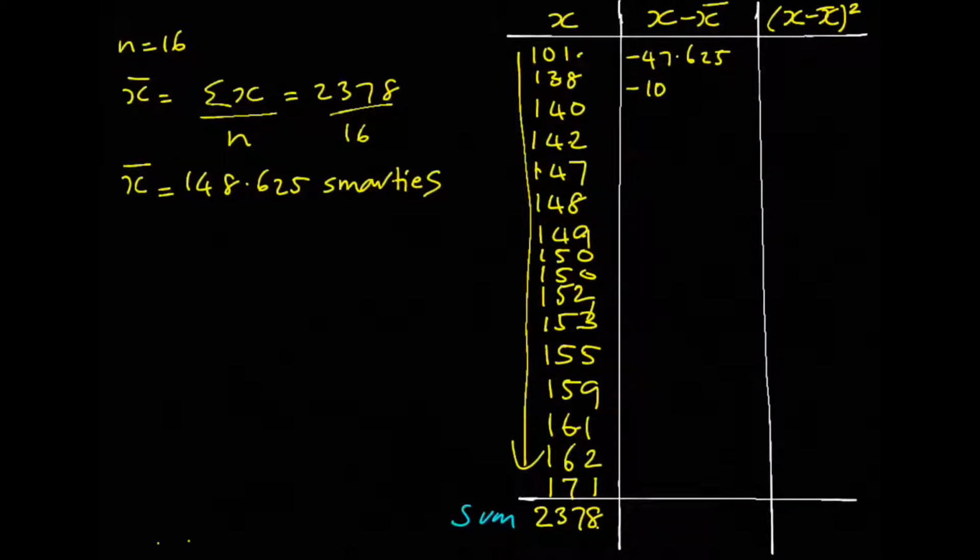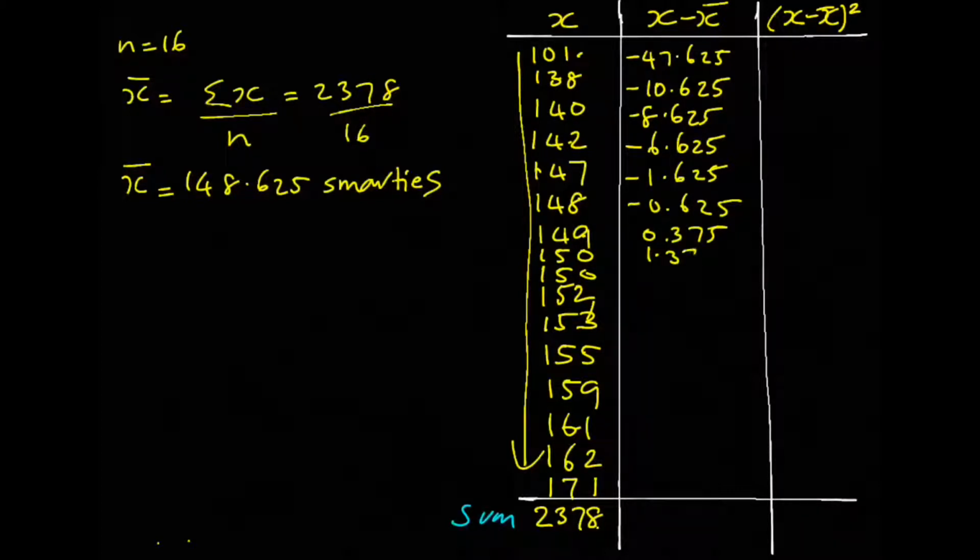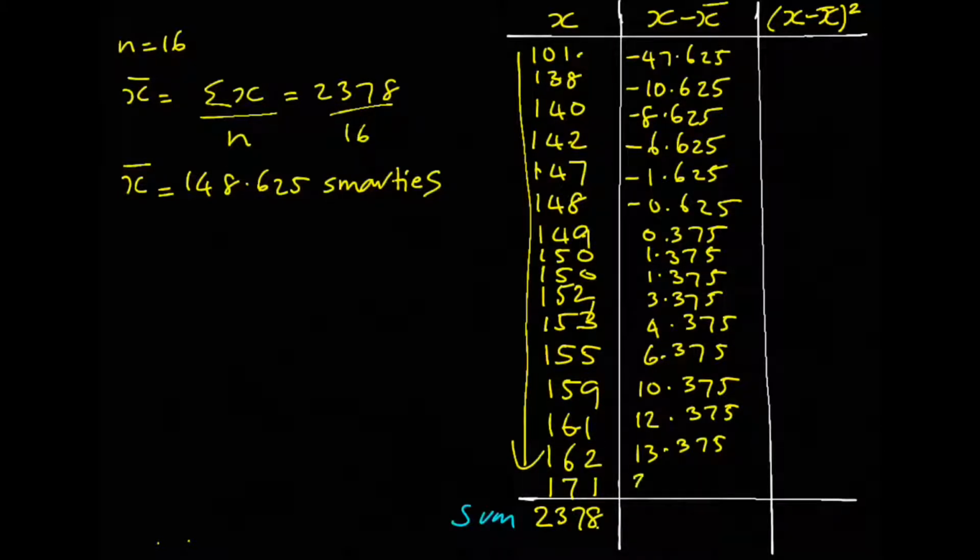Then we get negative 10.625, negative 8.625, negative 6.625, negative 1.625, negative 0.625, 0.375, 1.375, and the next one is the same because they're both the same number, 3.375, 4.375, 6.375, 10.375, 12.375, 13.375, and 22.375. And when you add all these up, you'll get 0.